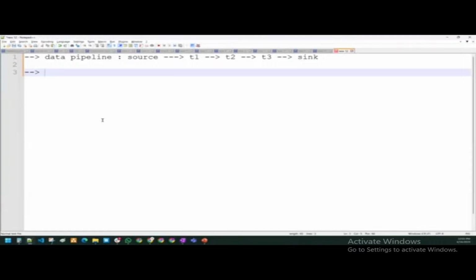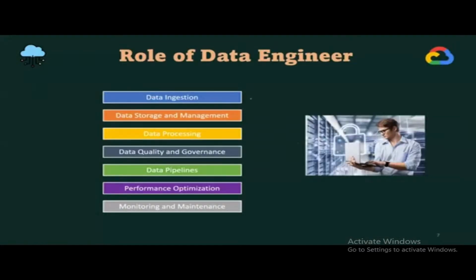When we say a data pipeline, it could be different pipelines also. As I already told you, as a data engineer, you will be working on this. If it is data ingestion, you can create one pipeline. We call it a data ingestion pipeline, right? When you are focusing on data processing, it is a data processing pipeline, right?